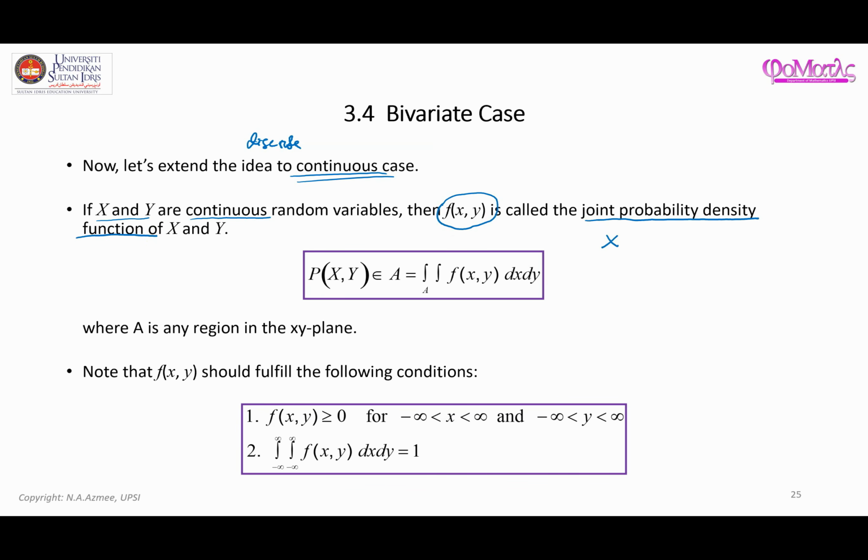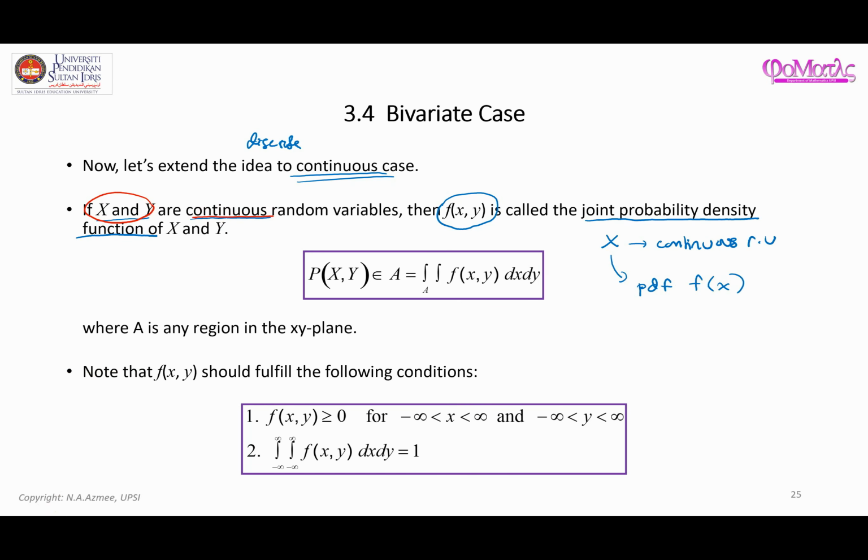Now remember the simplest case which you have seen in the previous video, where you have one random variable x, and x here is a continuous random variable. From this notation we can find the probability density function for x, defined as fx. Notice that now we have two random variables that are continuous.